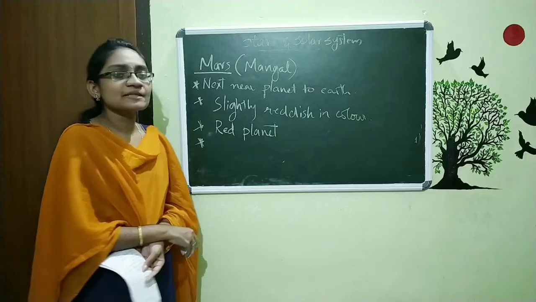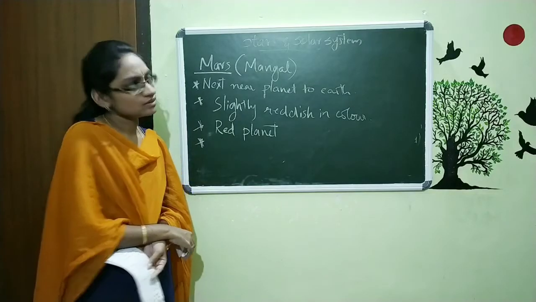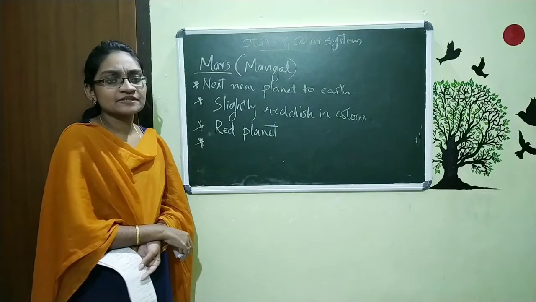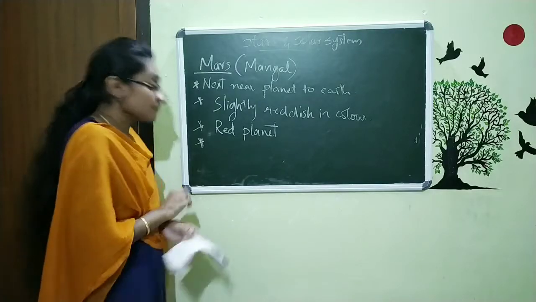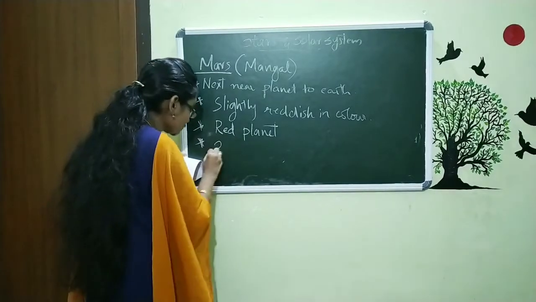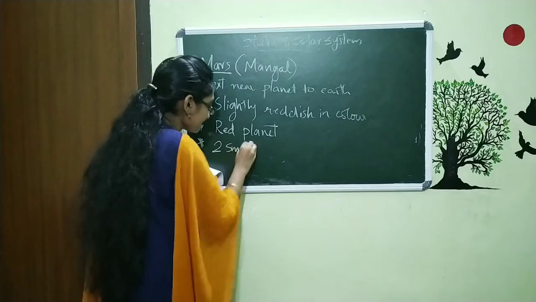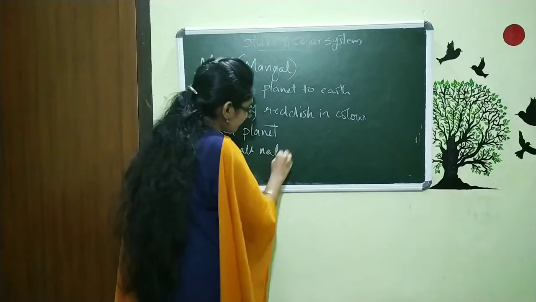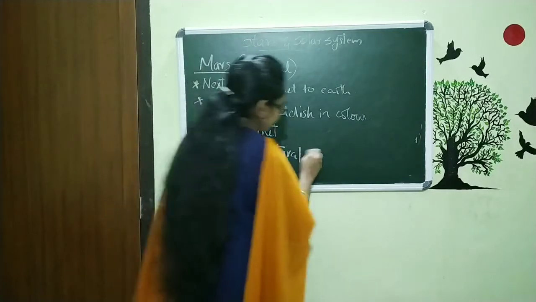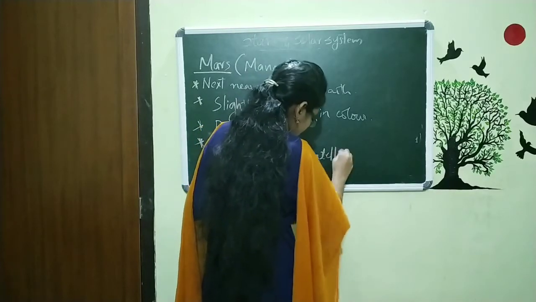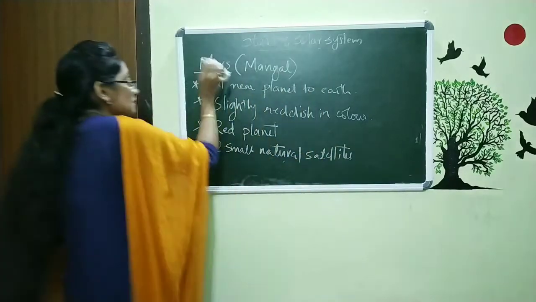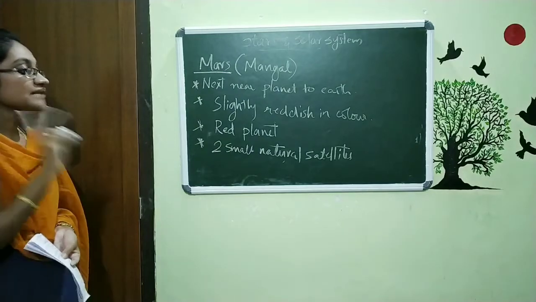And the next point is about the satellites. How many satellites are there for Mars? Mars has two small natural satellites.